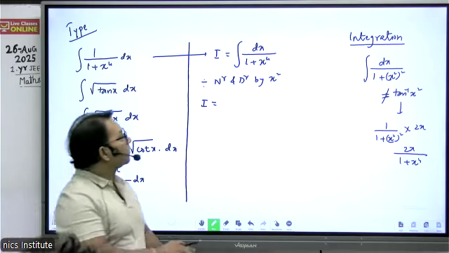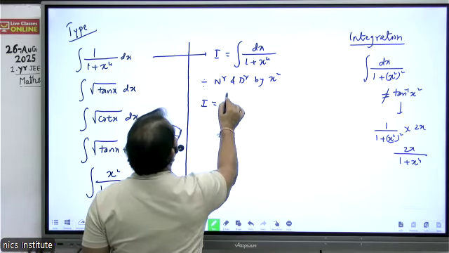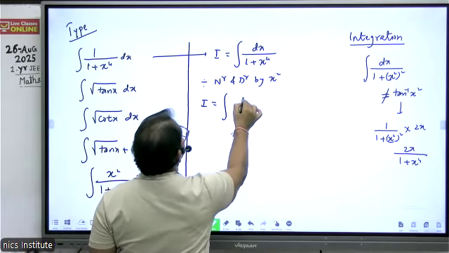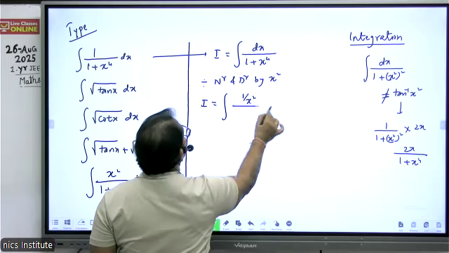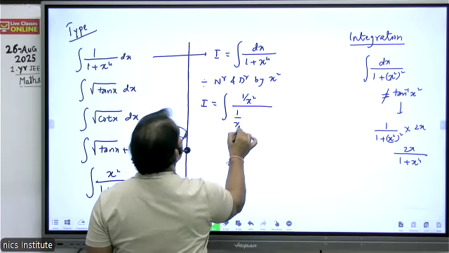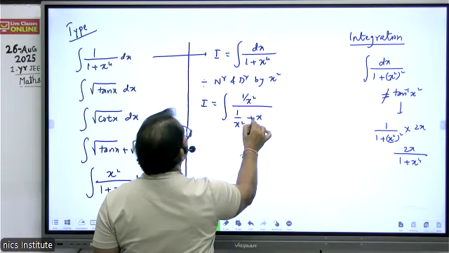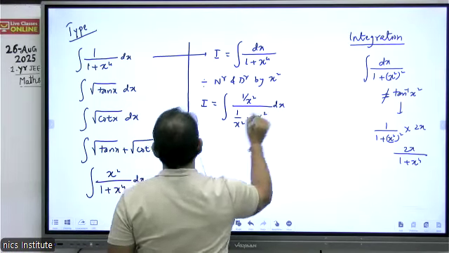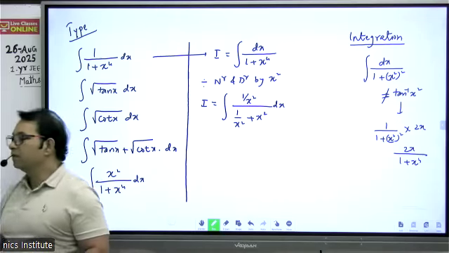So we divide numerator and denominator by x square. So this is 1 by x square over 1 by x square plus x square dx. Write this much. So this is the first step.